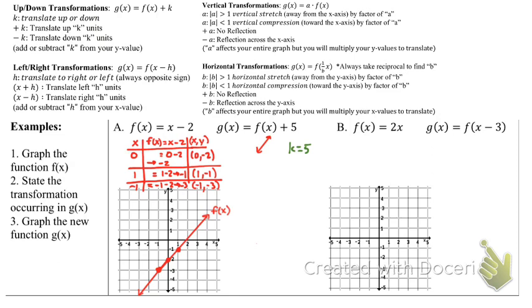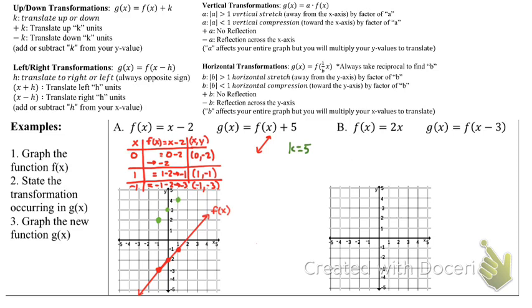So what I'm going to do, instead of doing an input-output table, is shift each dot up 5 units. So it's going to look like this. This dot here, 1, 2, 3, 4, 5. Put a dot here. This dot, 1, 2, 3, 4, 5. Put a dot here. This dot, 1, 2, 3, 4, 5. And put a dot here.